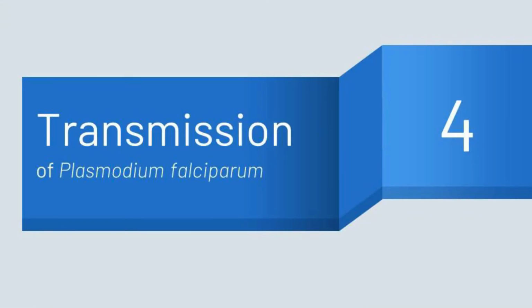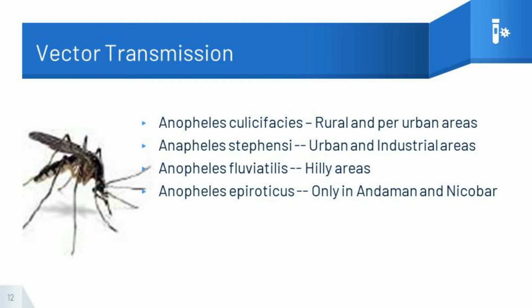So how can this Plasmodium falciparum be transmitted into your body? So there are types of transmission of the Plasmodium falciparum. First one, we have the vector transmission. So the transmission of this Plasmodium falciparum is dependent on its location. So if you live in the rural and urban areas, you will have the Anopheles culicifacies.